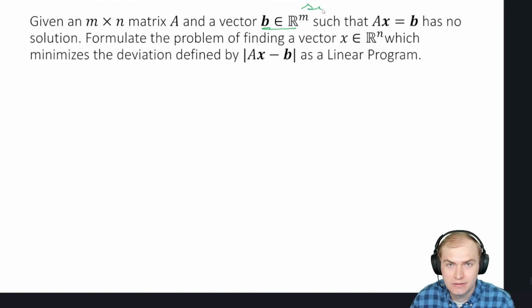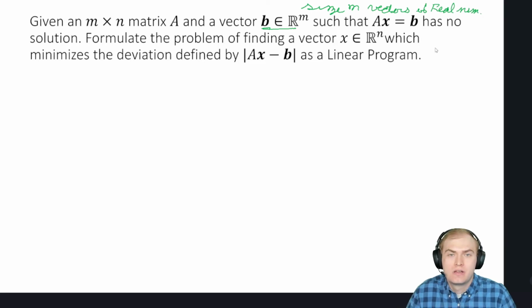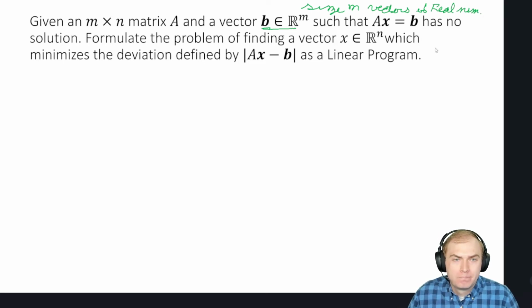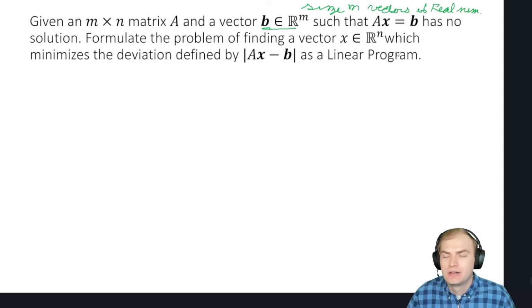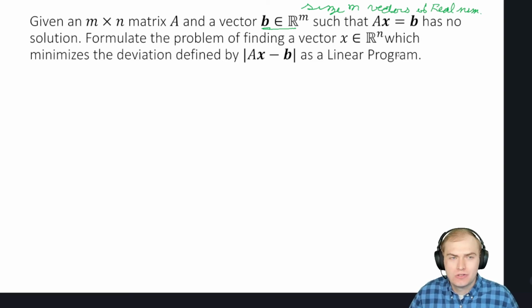the size. Oh my. M vectors of real numbers such that AX equals B. You've seen problems like this in linear algebra, but let's assume that it doesn't actually have a feasible solution.